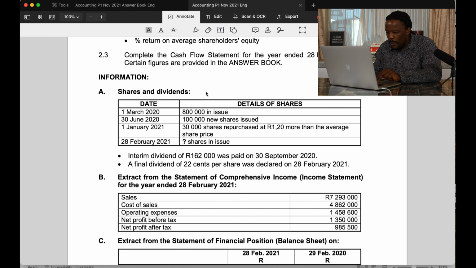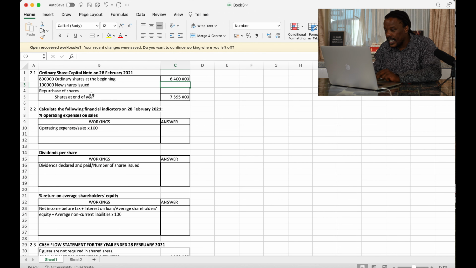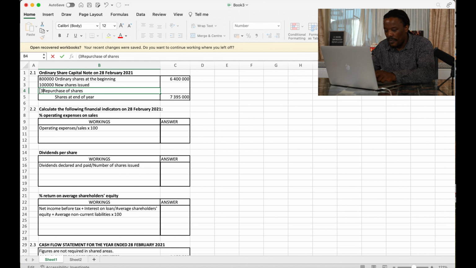We go back and say, okay, on 1 January 2021, 30,000 shares were repurchased at 120 more than the average share price. This is simple, because they repurchased 30,000 shares, and obviously a repurchase of shares is always a minus.